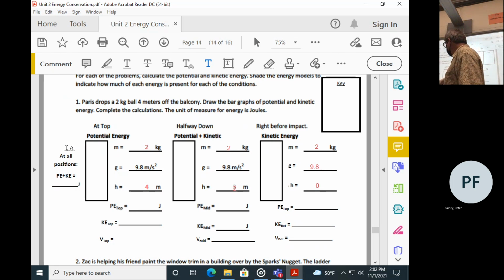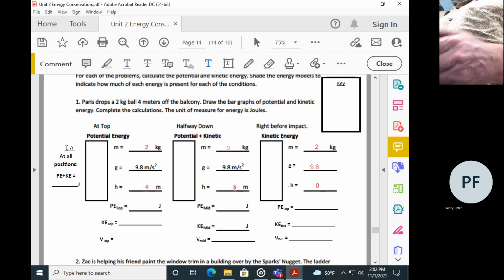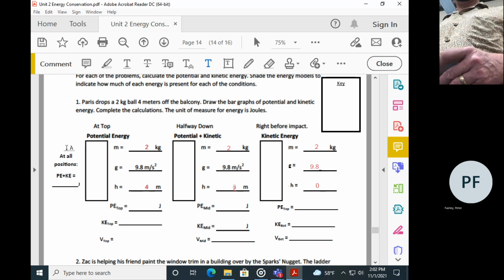Two times 9.8 times 4, MGH. Okay, are we good with that one? I'm not going to announce the answer because I want you to have it for yourself, all right? Should be less than 100 though, more than 50.